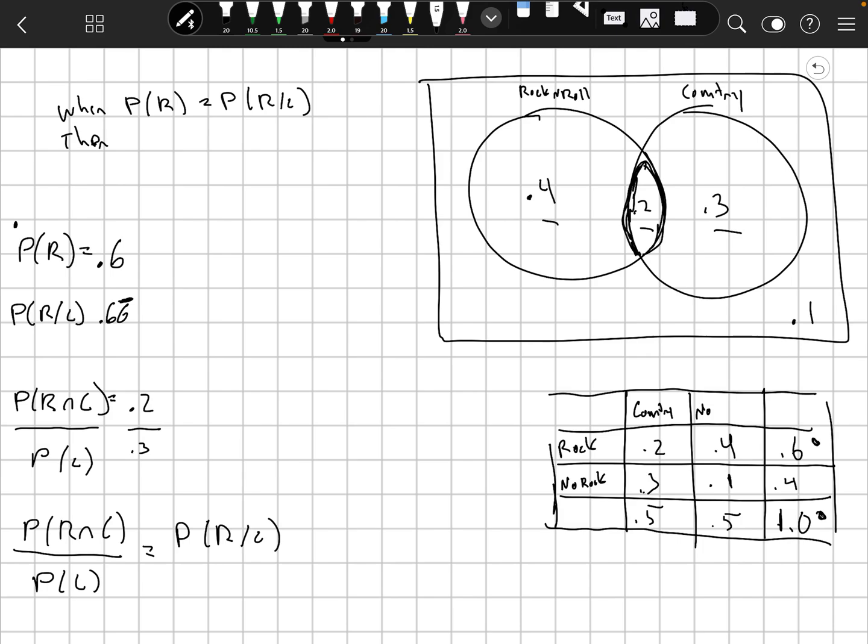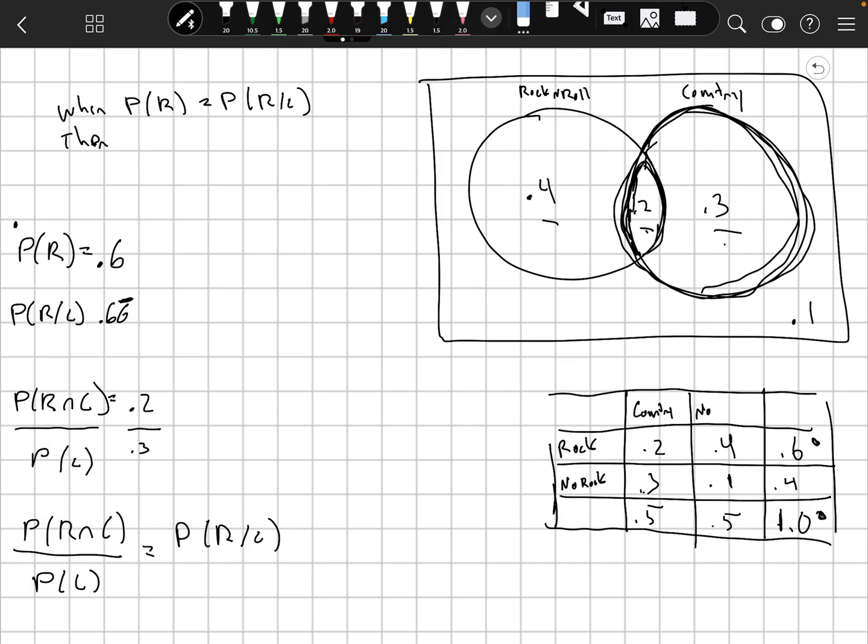Now we're going to take the probability of liking rock and roll given that you liked country music. So this time we're talking about out of all the people who like country, so we're talking about this circle right here, what percentage liked rock and roll. Out of all the people who liked country, that's 0.2 plus 0.3, that's 0.5. And then 2 people liked rock and roll.